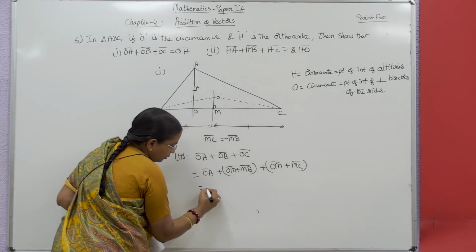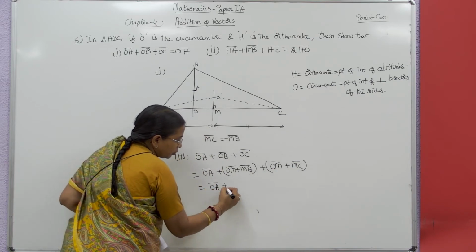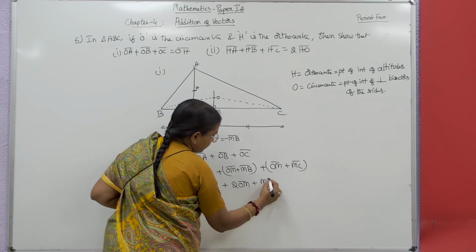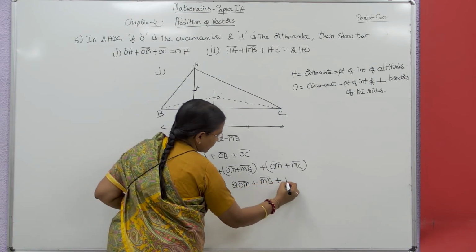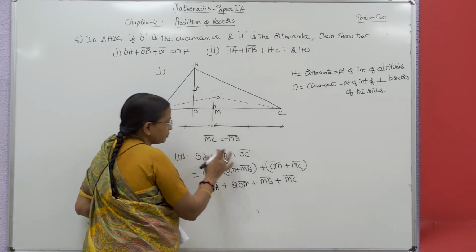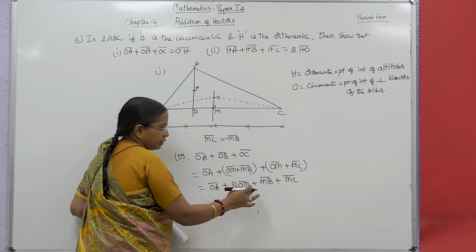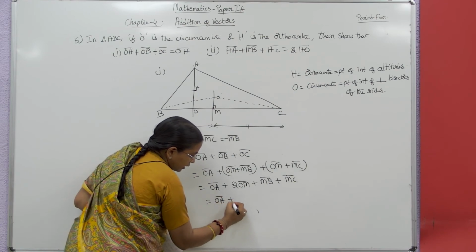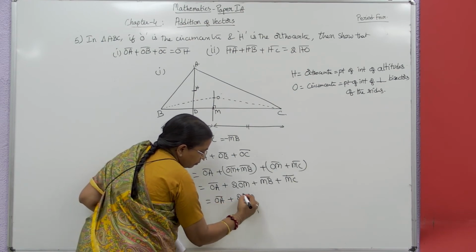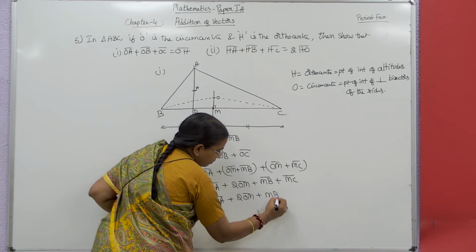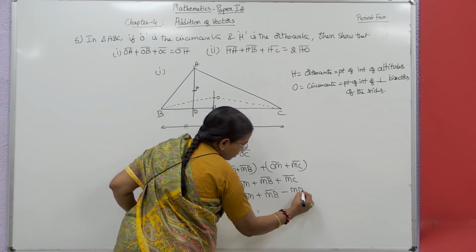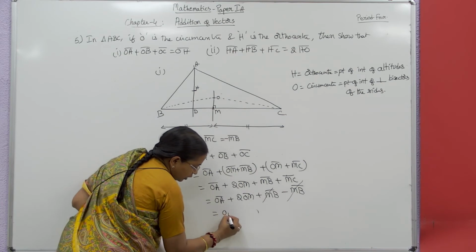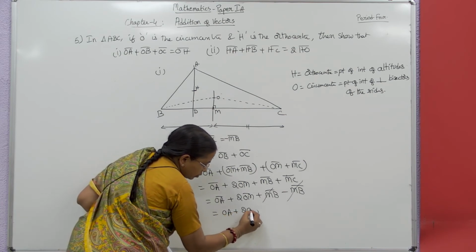So you are getting OA plus 2 times OM plus MB plus MC. But what is MC? MC is minus MB. So that will get cancelled, and we will get OA plus 2 times OM.